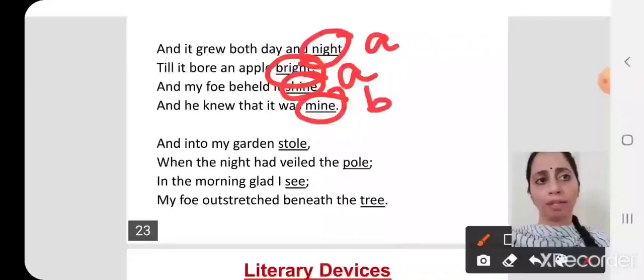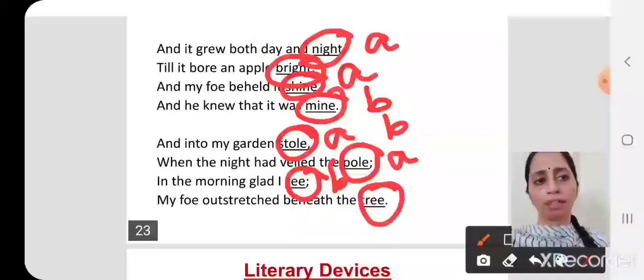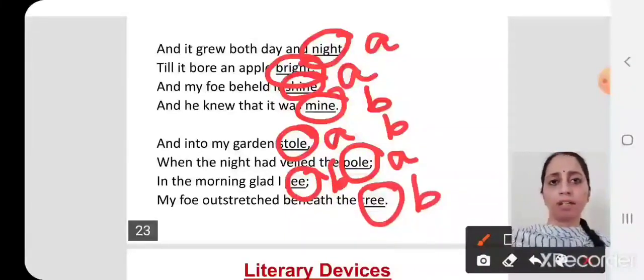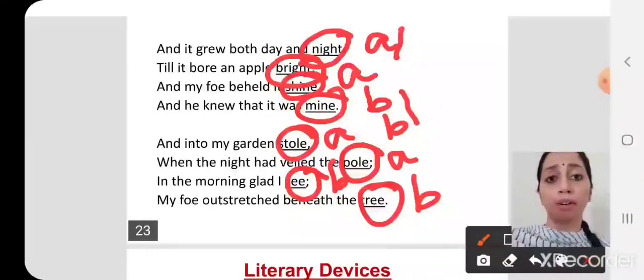It is B. Stole is A. Pole is again A. Foe is B. And tree is B. So what's the rhyme scheme of the entire poem? It is A, B. And if you see, it's a rhyming couplet. We have A together, B together, used in all the four stanzas. Students, please jot it down.